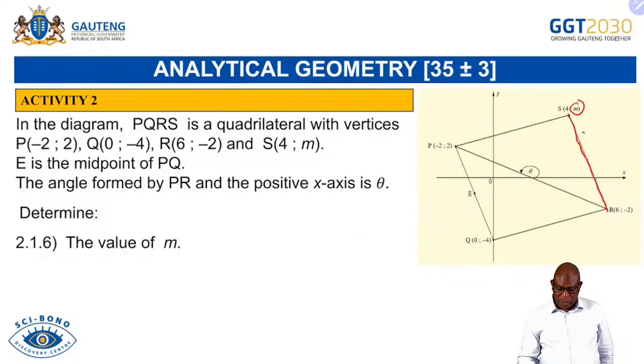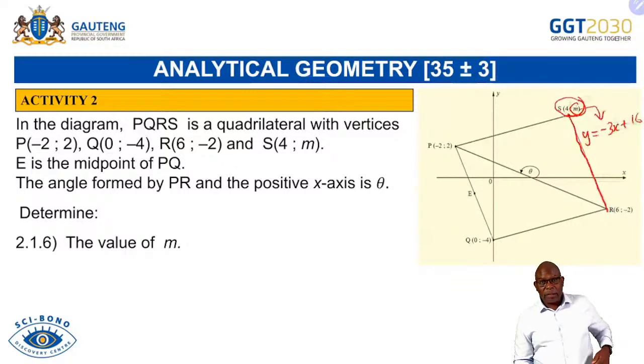So the equation of that line is y equals negative 3x plus 16. This point here is on that line, which means I can substitute this point into that equation. Alternatively, I can use my gradient because I know it's minus 3. For this one, let me use the equation because I already have it.